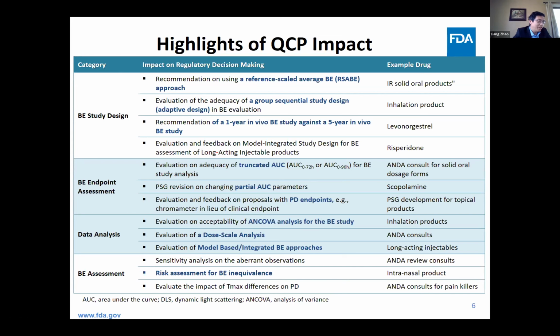However, a 5-year clinical study may not be realistic for BE evaluation. A modeling work was conducted to reduce the BE study duration to 1 year and to establish the corresponding BE acceptance limit that can be used as a surrogate for the BE limit at the end of 5 years.